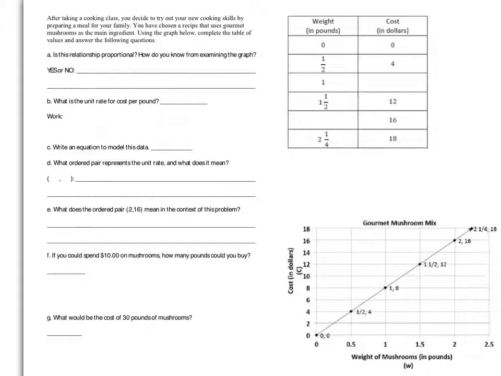Okay, as we get to looking at this, our first question asks us if this situation is a proportional relationship. It asks us to explain how we know from examining the graph. All right. So when we look at the graph, we notice two things about the graph. One, that it starts at 0, 0, and another, that it does form a straight line.